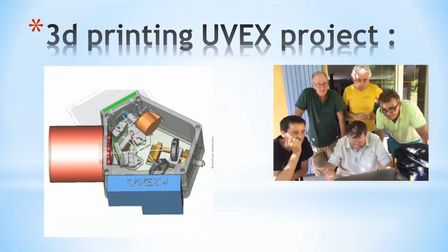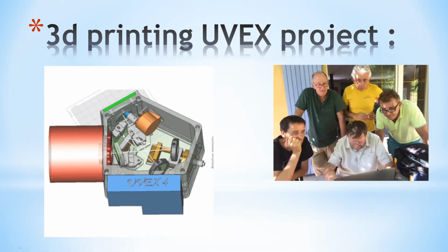Currently, we are offering a 3D version accessible from our site. In the coming weeks, I hope we will be offering a new, more automated version of our UVEX 4. You can see in the picture the team of members around Christian Buttet.